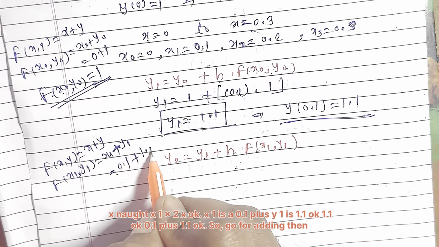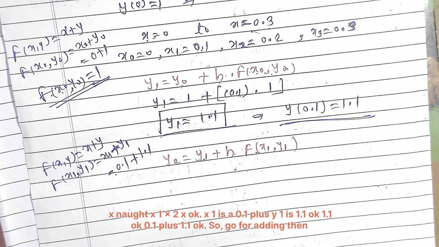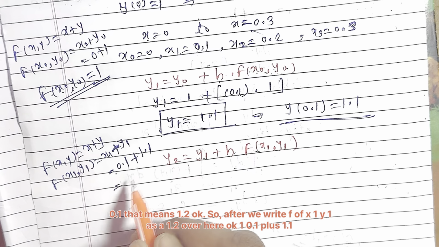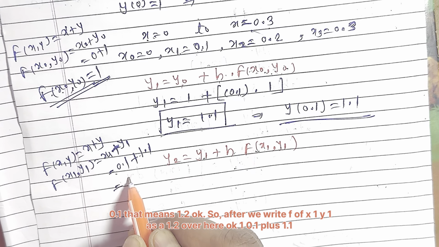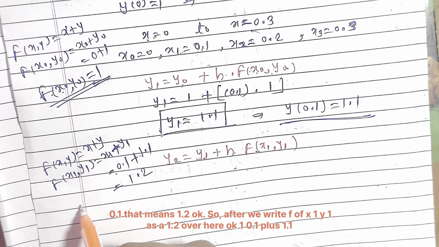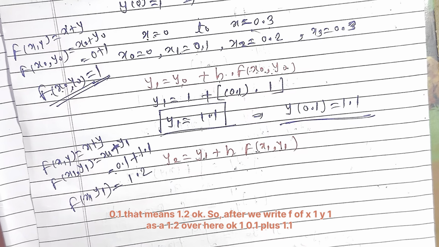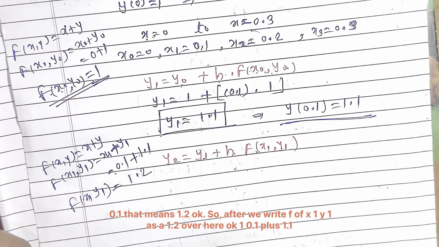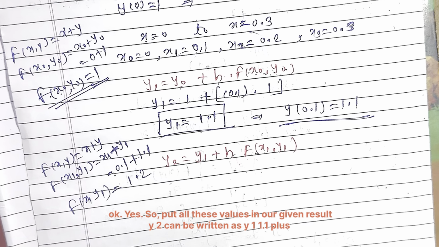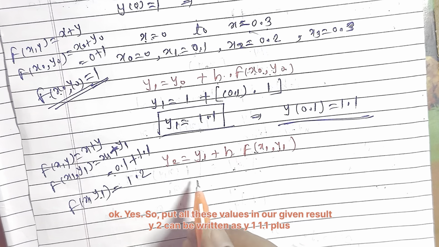Adding them, we get 1.2, so f of x1, y1 is 1.2.